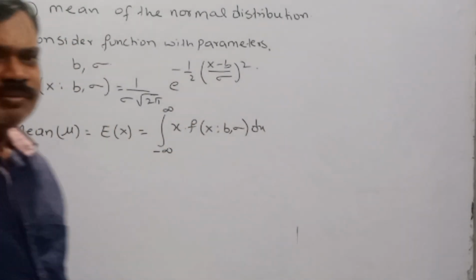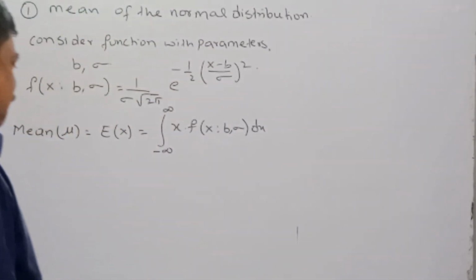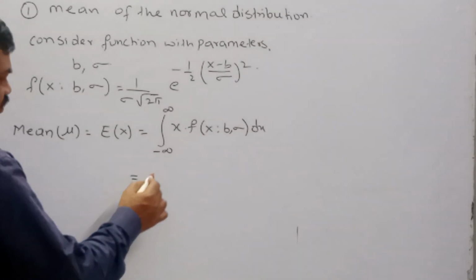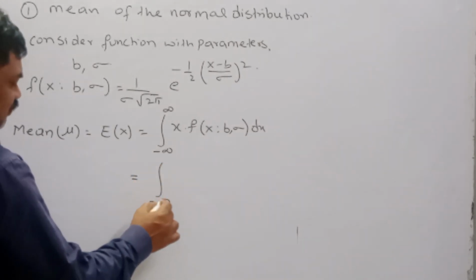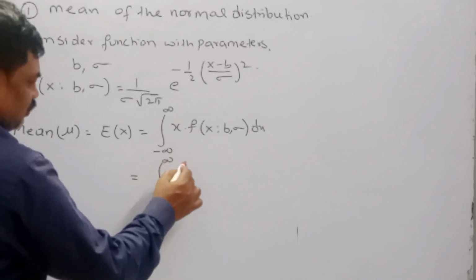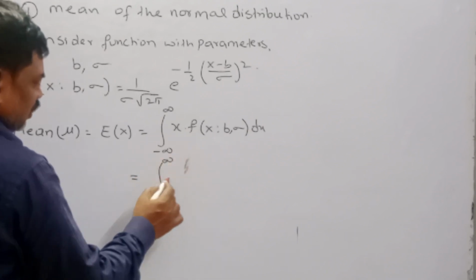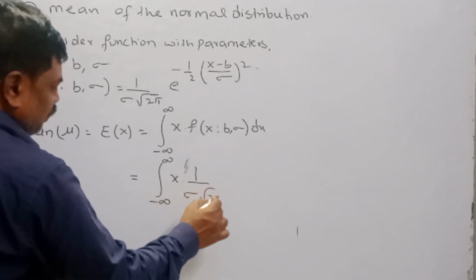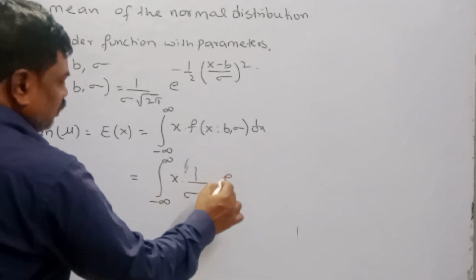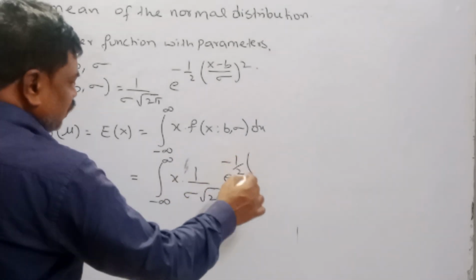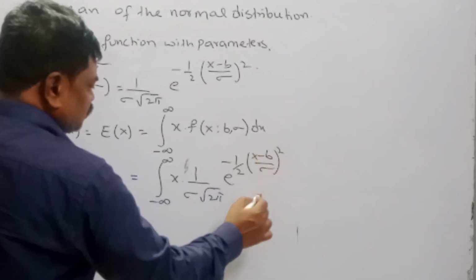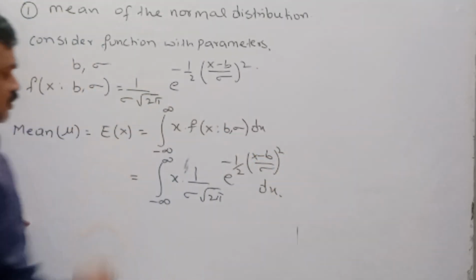This is the mean of the probability distribution function. So this can be written as integral minus infinity to plus infinity x into 1 by sigma root 2 pi e power minus 1 by 2 of x minus b by sigma whole square into dx.